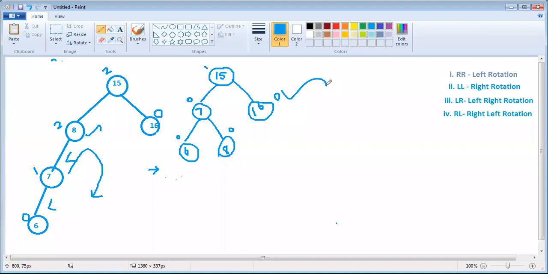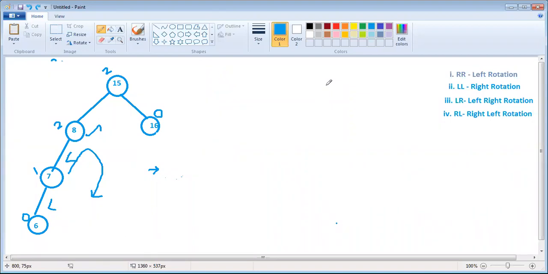Yes, ma'am. Okay, any doubt in this, for anybody? No, ma'am. Okay, so now I'm just altering this tree.